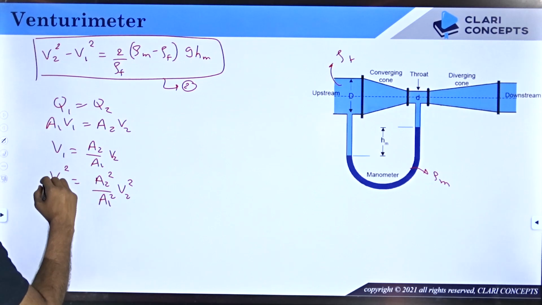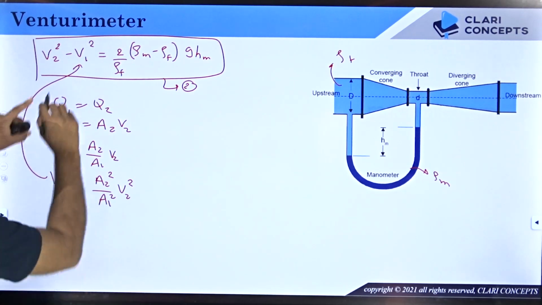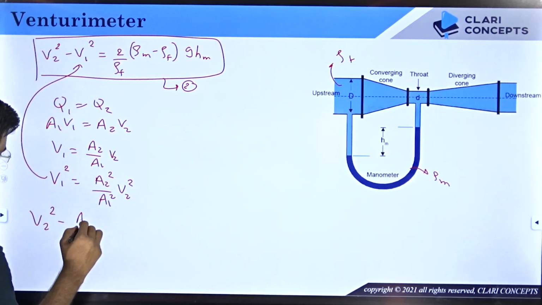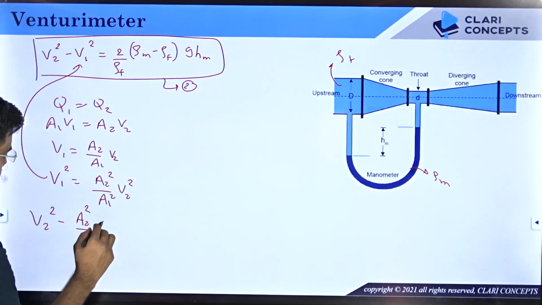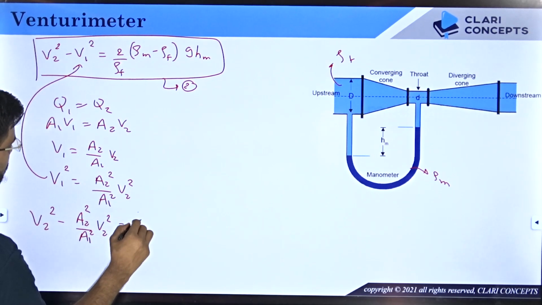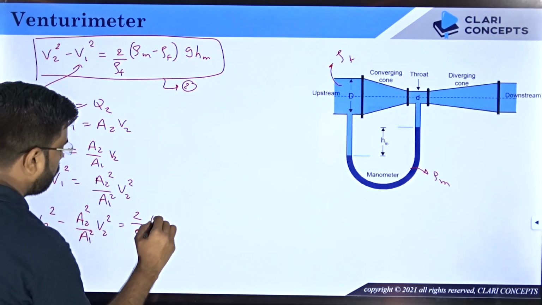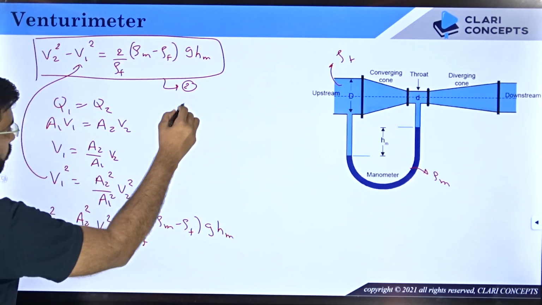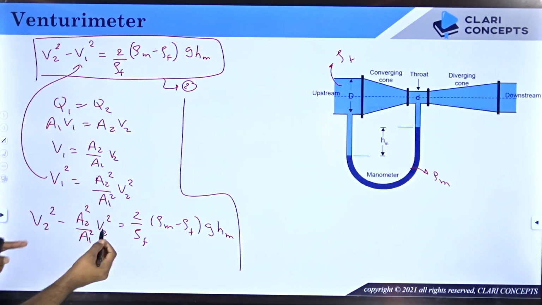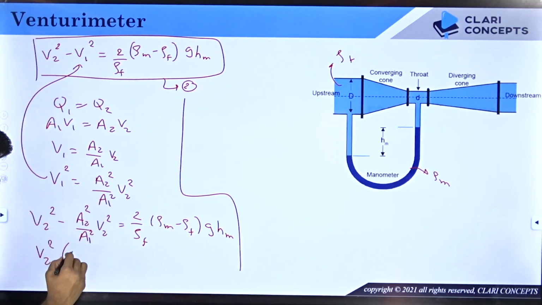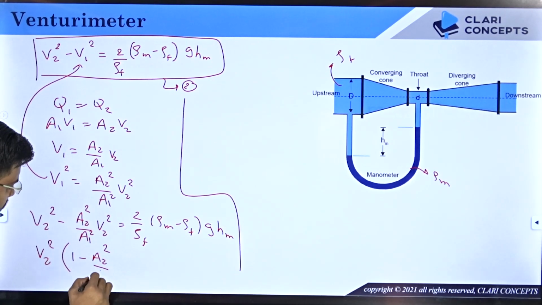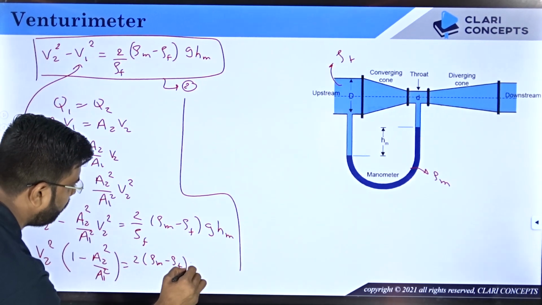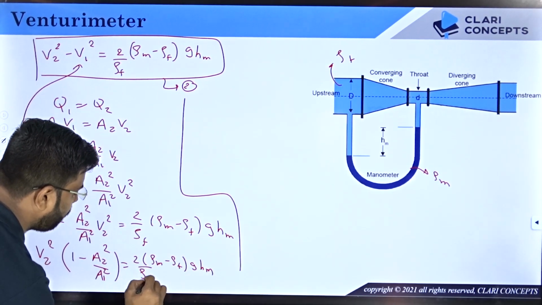Now put this V1 in this equation. In equation 2, what you will get? You will get V2 square minus, V1 square is this, minus A2 square by A1 square into V2 square equals to 2 by rho f, rho m minus rho f into g hm. So now if you further solve this equation, you can take V2 common out. So V2 square into 1 minus A2 square by A1 square equals to 2 rho m minus rho f into g hm divided by rho f.